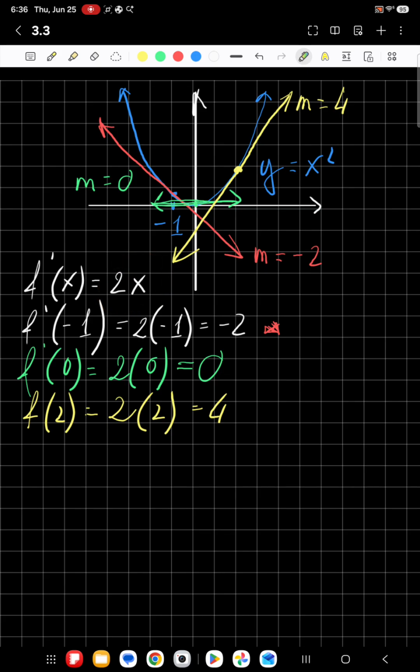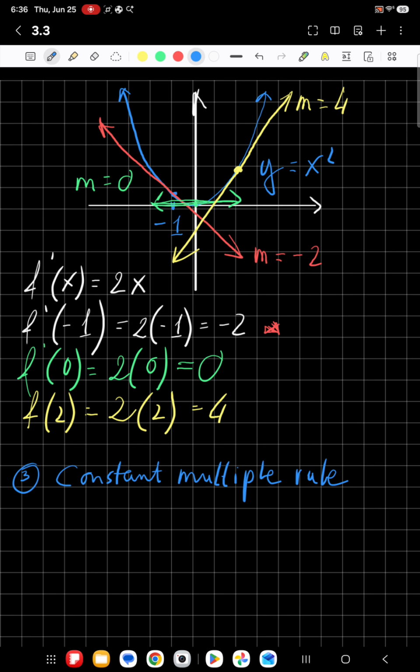All right, so next rule, I think it's rule number 3. It's called constant multiple rule. And this one is pretty intuitive, so we're not going to spend a lot of time on it.